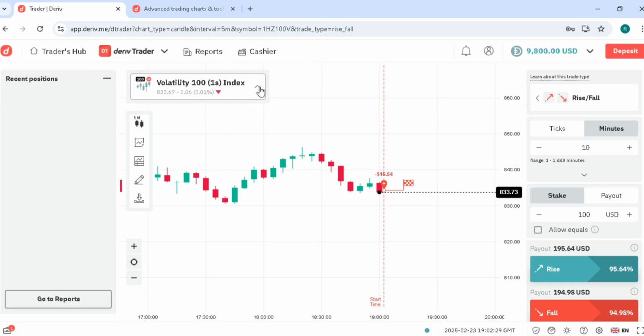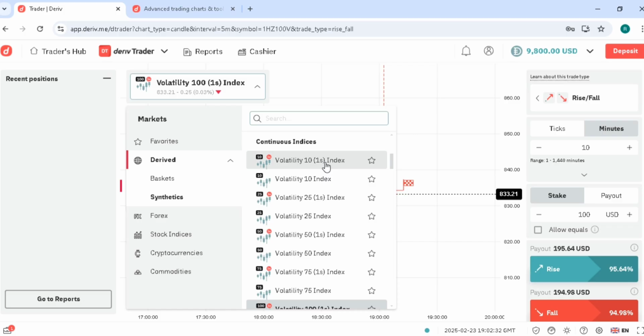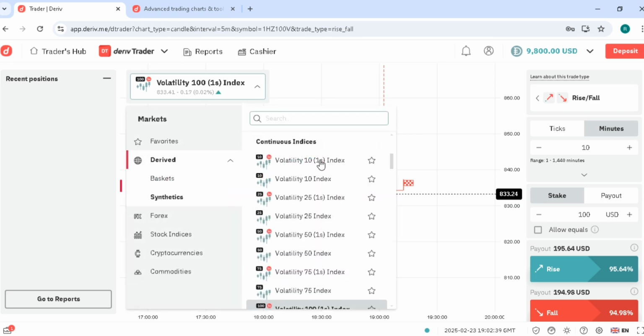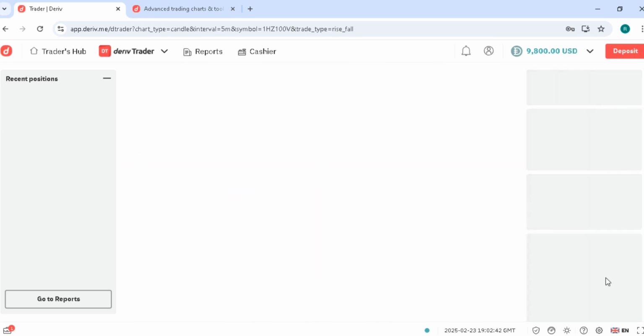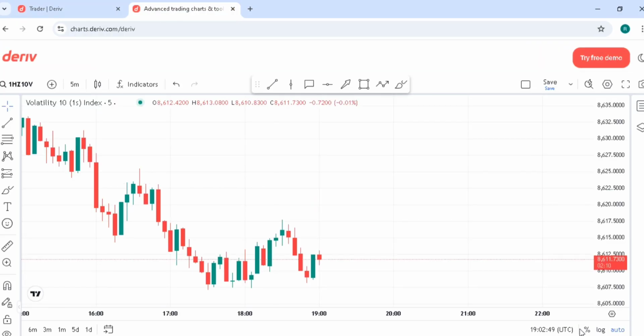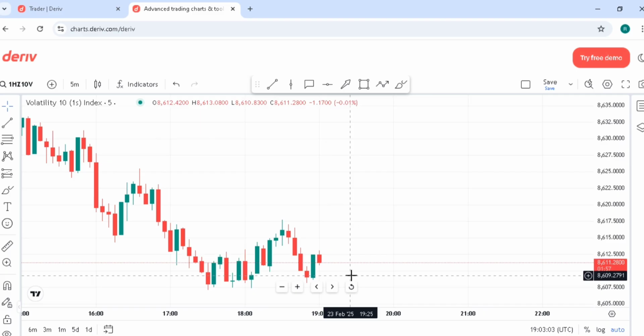We want 10 ticks. And it is a rise. Of course, how many minutes do we have? Two, but this one is going to be a rise. So this one is a bullish engulfing pattern.